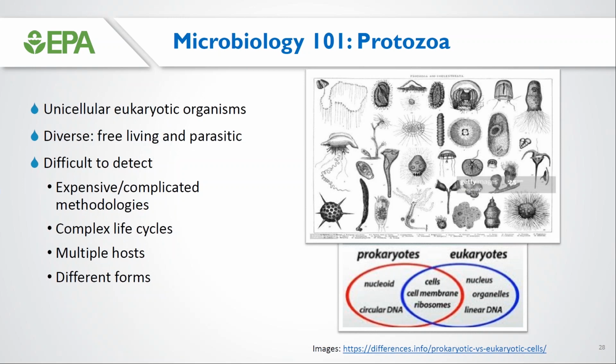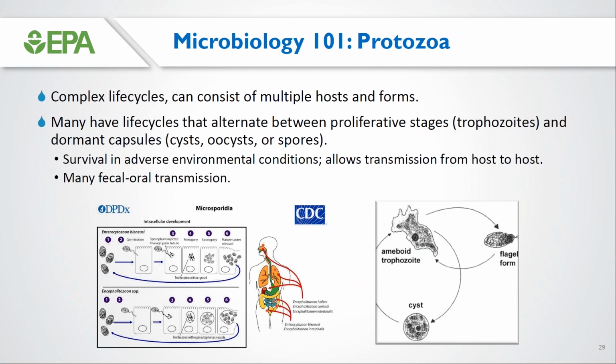They can have multiple hosts and different forms and stages in their life cycle. On the bottom slide here is an amoeba. For instance, an amoeba can form a cyst, which is a very hard, resistant form of the amoeba, and it can help it survive in environments where there are harsh conditions that would normally kill it.